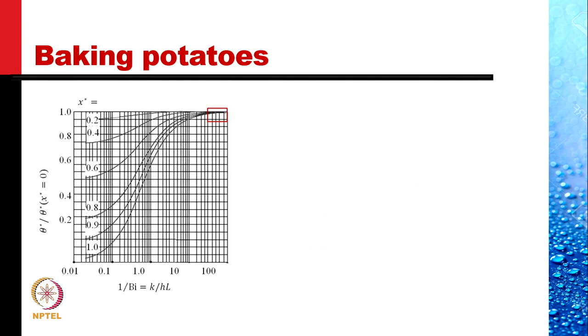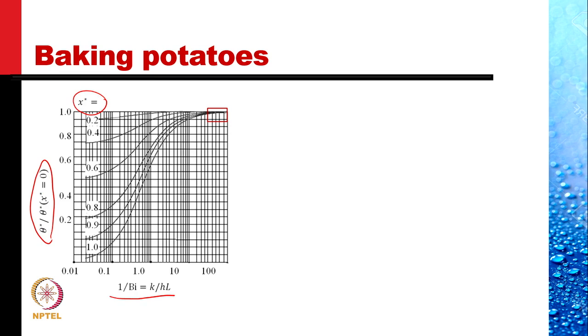We had earlier discussed that we could find the temperature at any other point by using what is called the position correction chart, which gives you the non-dimensional temperature difference divided by the non-dimensional temperature difference at the center line, the ratio, as a function of 1 over Biot number with the location as a parameter.